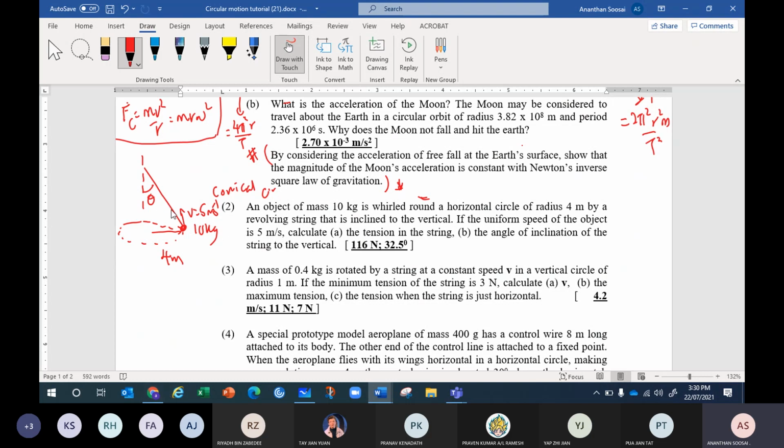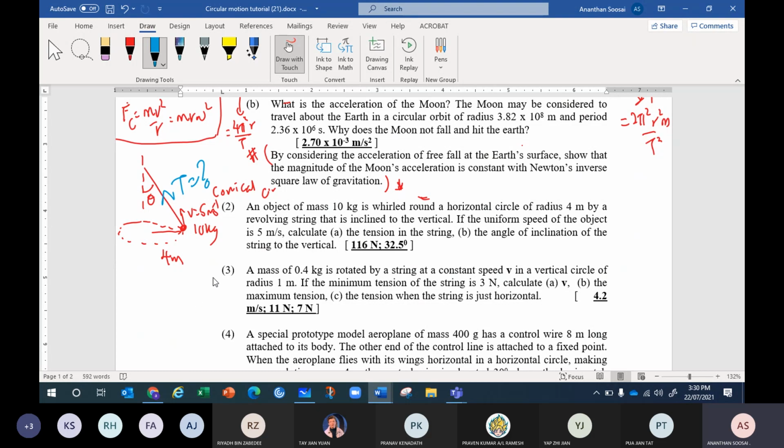Calculate the tension in the string. What is the tension in the string? How much is the tension in the string? So first question, what is the tension? So recall back your conical system. What equals to centripetal force? Write it down.